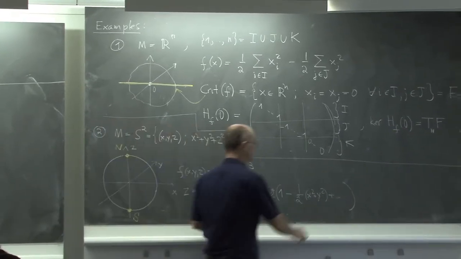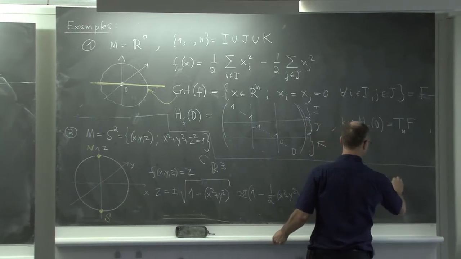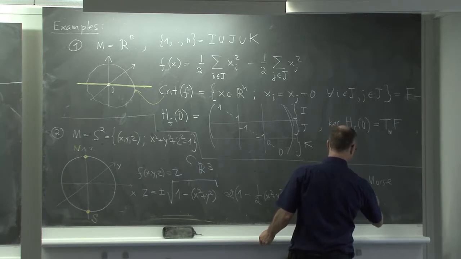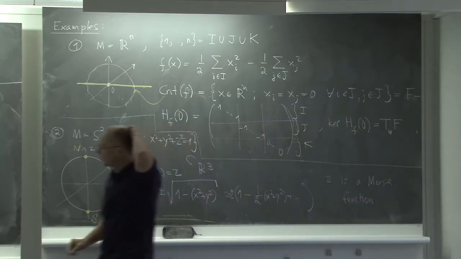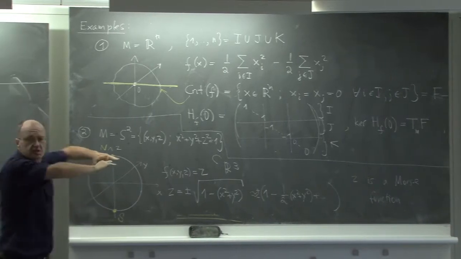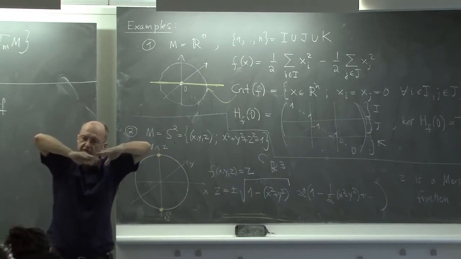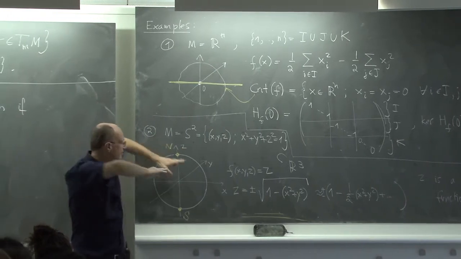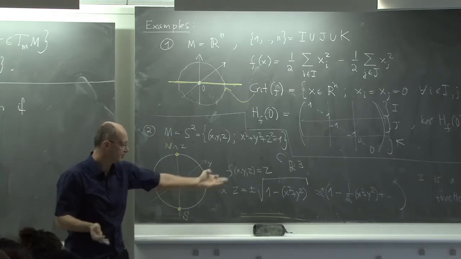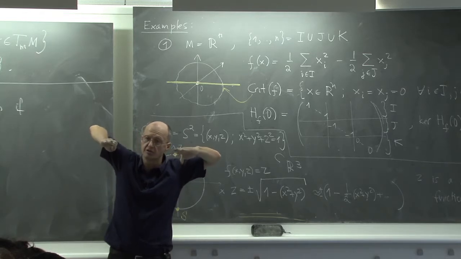Right. So this is a Morse function. In fact, one can easily imagine that if we deform the sphere a little bit, if we flatten it near the poles, then I can probably easily make the second derivatives vanish.